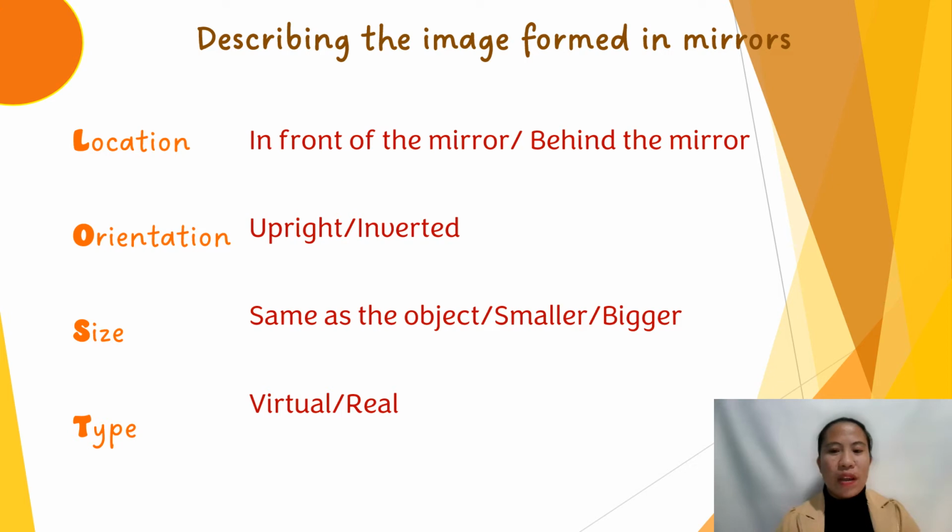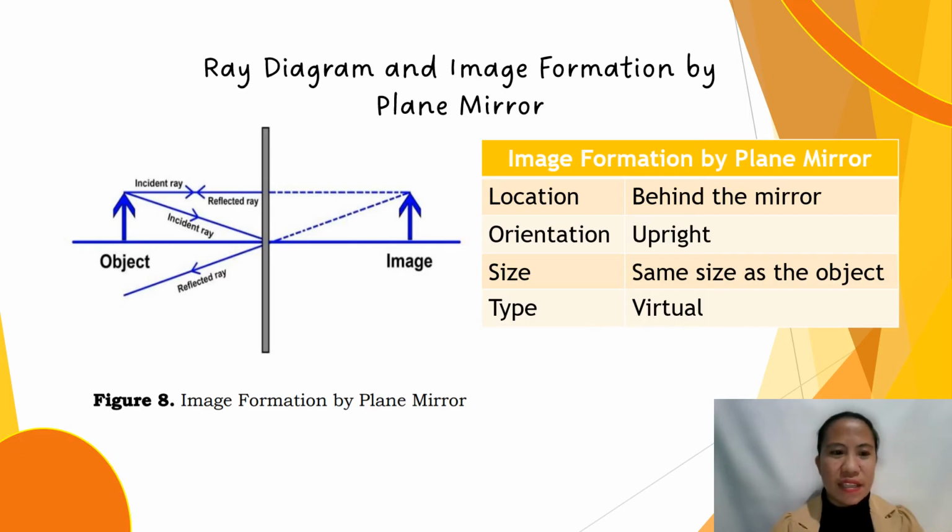So recall, when we say virtual image, the light rays do not actually intersect. They only virtually intersect. When we say real image, the light rays actually converge or intersect at a certain point. Let us take this as an example.